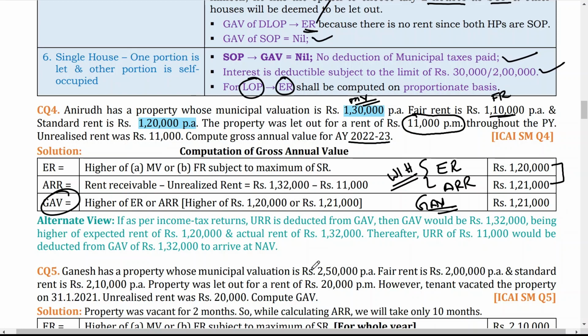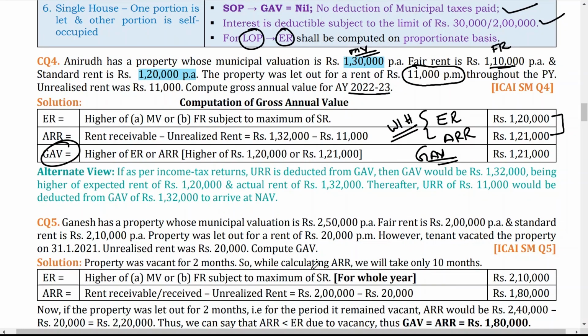But there is an alternate view to find that answer. If, as per the income tax return, unrealized rent is deducted from GAV, then GAV would be 1,32,000. So if you think unrealized rent should be deducted from GAV, in that case your answer of ARR is 1,32,000.